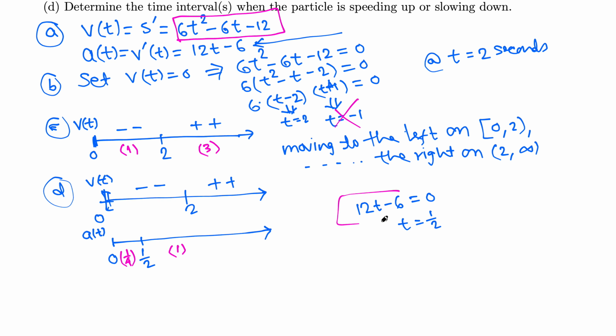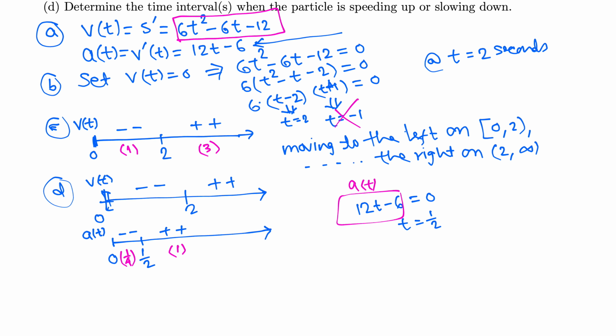This is the acceleration function; we plug in here, 12t minus 6. If I plug in 1, 12 minus 6 is positive. Let's put 1/4: 12 times 1/4 is 3, 3 minus 6 is negative.